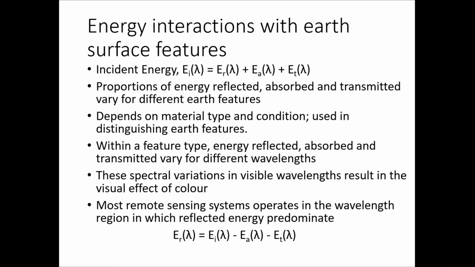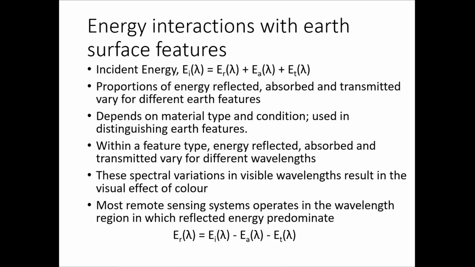All right. So within a feature type itself, suppose I am using this reflected energy, this reflected green wavelength, to distinguish different types of leaves. Okay. For different types of leaves, if you look closer, there will be different shades of green itself, isn't it? Do you agree? All leaves are not the same green, isn't it? They are different, right? Different shades of green, isn't it?